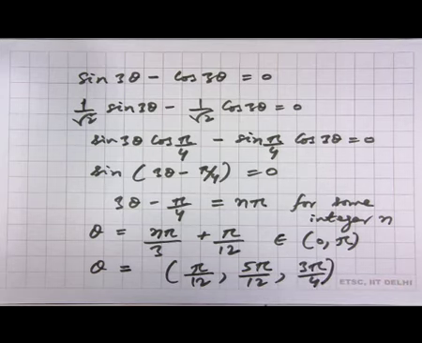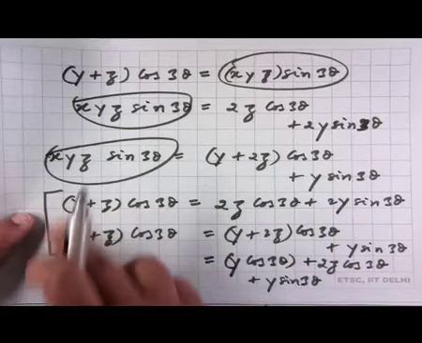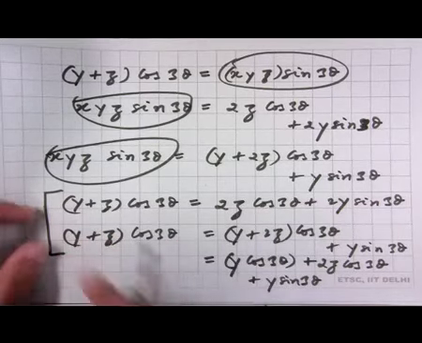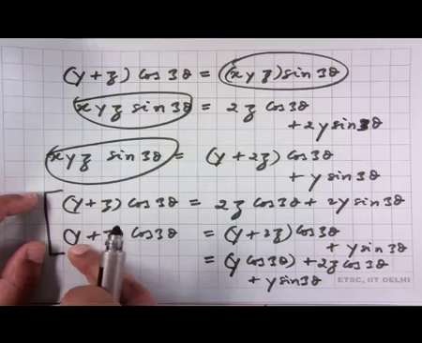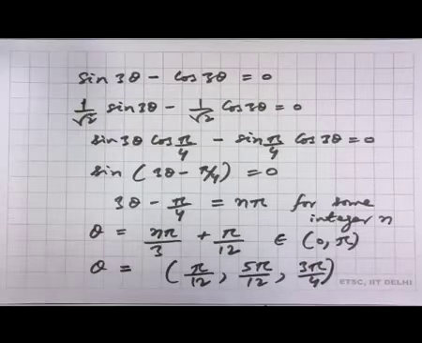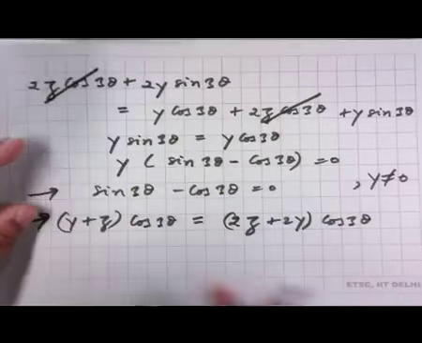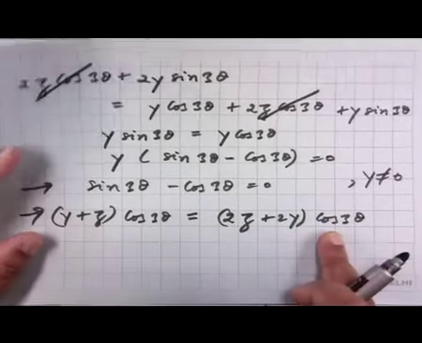So, these are the three possible values of theta for which the set of given solutions to this equation are such that y is not equal to 0. But we still need to go back and test this other equation.